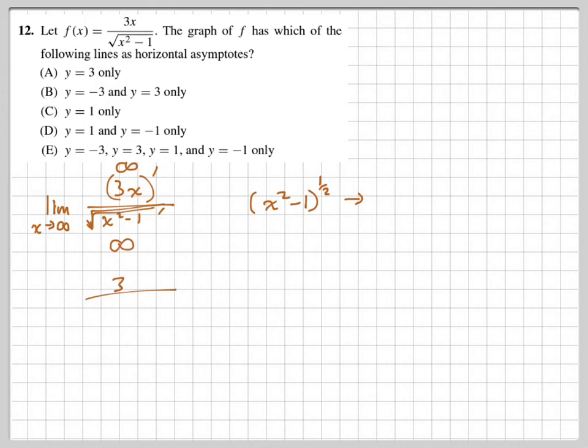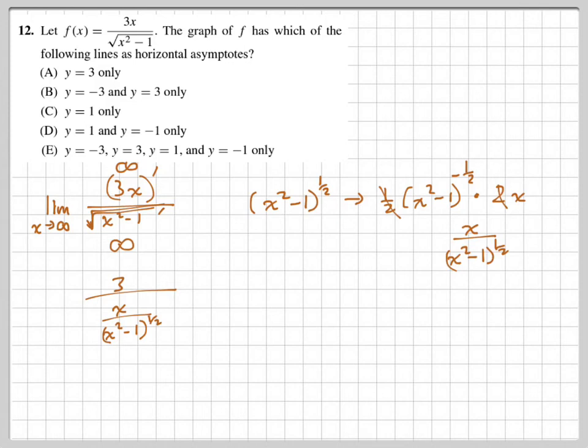If I take the derivative of that, it's going to be 1/2 times x squared minus 1 raised to the negative 1/2, multiplied by 2x. The 2 and the 1/2 cancel out, so we just have an x. Then we get x over x squared minus 1 raised to the positive 1/2, because it was negative, so I'm putting it on the bottom with the x.